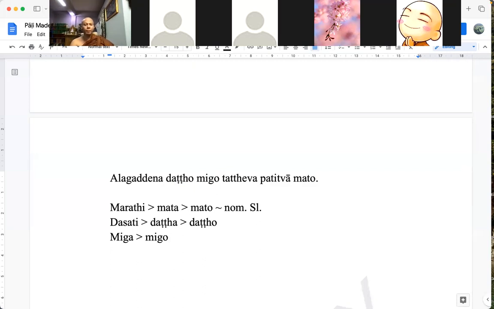Miga means deer. So the main one is migo mato. A deer has died. And then that migo will be modified by dato. Dato is a past participle of dasati, to bite. Okay. So now the main one.